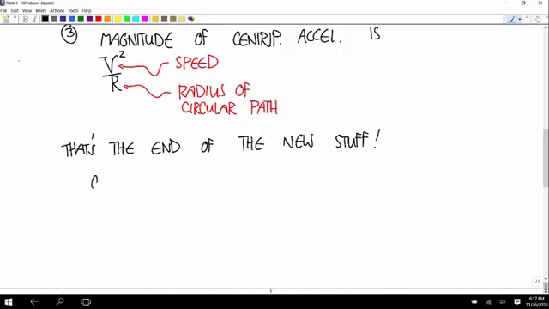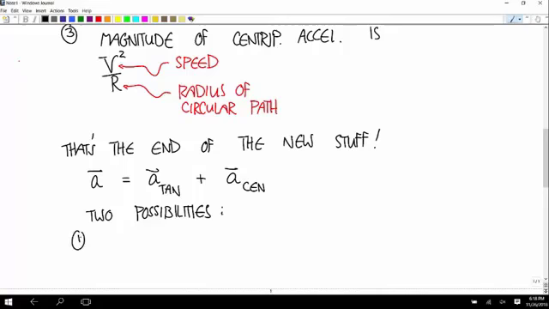Remember that the acceleration vector has to be the sum of the tangential acceleration and the centripetal acceleration. Centripetal acceleration is the one that always has a magnitude of v squared over r. There are only two possibilities. The first one is that the speed is constant.